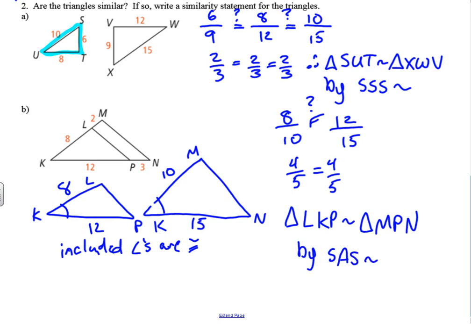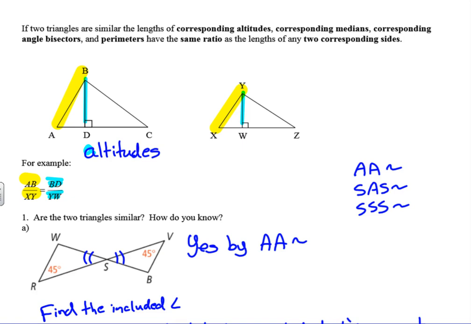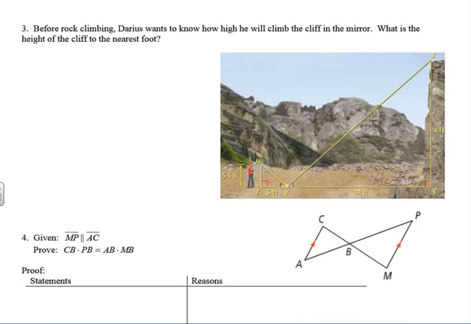So again, the included angle is congruent, and the sides that form that included angle are in the same proportion to each other.